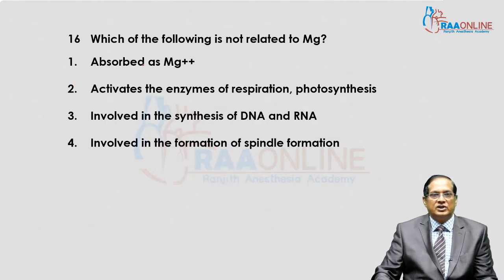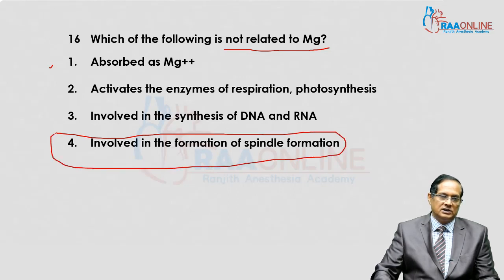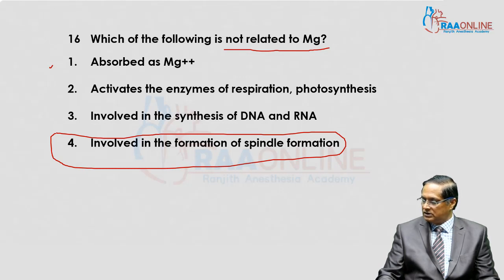Question number 16. Which of the following is not related to magnesium? Absorbed as magnesium, right. Activator of enzymes of respiration and photosynthesis, right. Involved in the synthesis of DNA and RNA, right. Involved in the formation of a spindle is not the role of magnesium, it is a role of calcium.